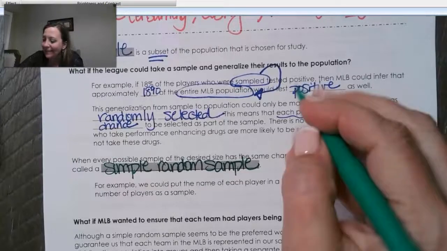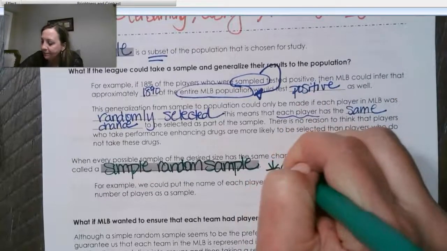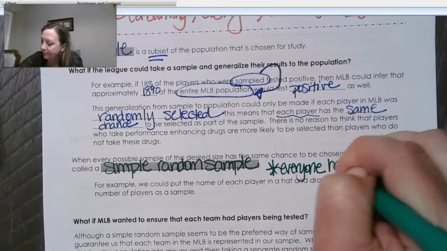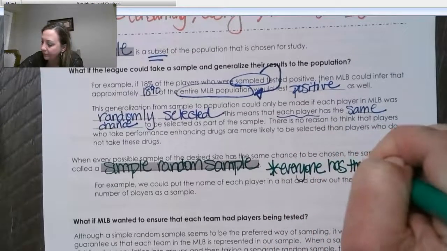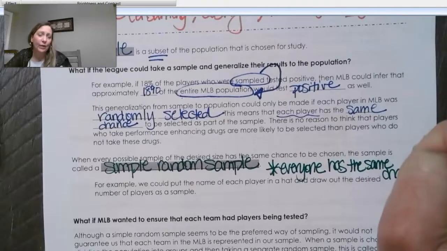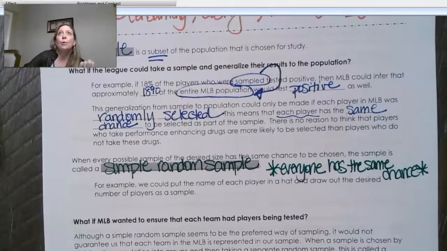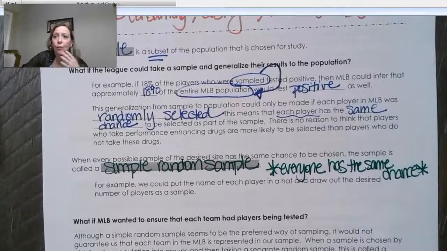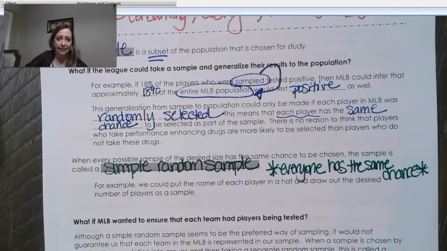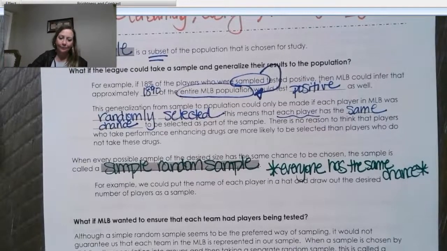What that means is that everyone has the same chance. Again, it doesn't matter what they get paid or what their last name is or what team they're on. Everyone in MLB has the same chance of being selected, okay?